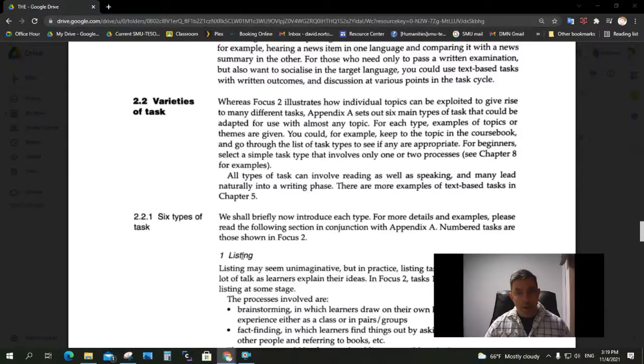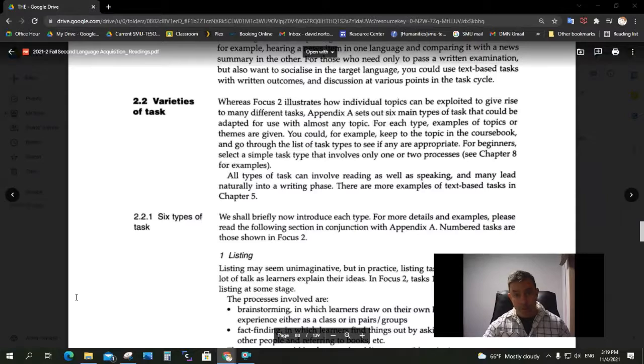In the case of the demonstration in class, your outcome is your poster. You work together to create this poster, then there's a presentation about the poster, right? So there's got to be something that they're trying to produce, the fruit of their labor, so to speak. That's your outcome. And if you don't have that, then it's not a task, right?